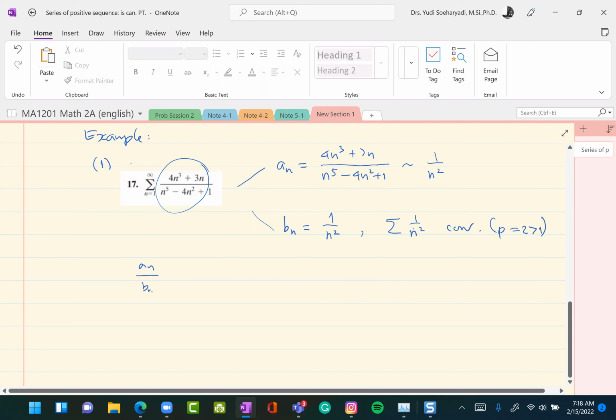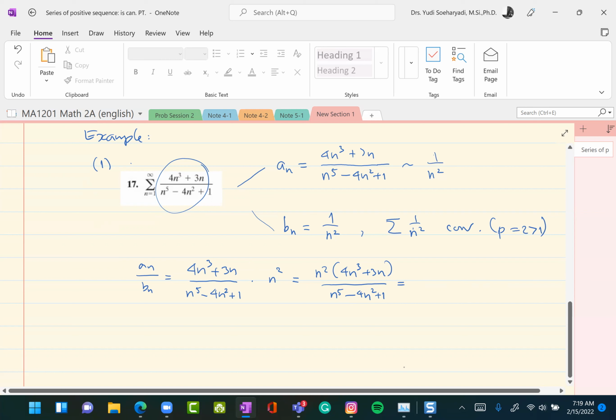So a_n over b_n, let's compute this. This gives you 4n cubed over n fifth minus 4n plus 1, divided by this. You see here that you have n squared over, okay, this is power 5 now, and it's power 5 also.